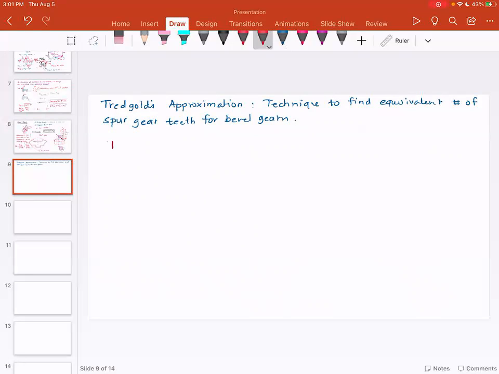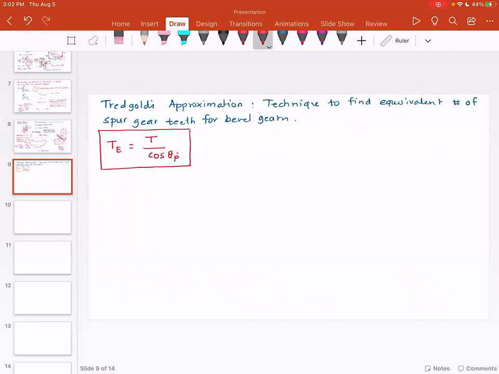So the relationship that we obtained is TE is equal to T divided by cosine theta P. So this is the determination of the equivalent number of teeth for the bevel gear.